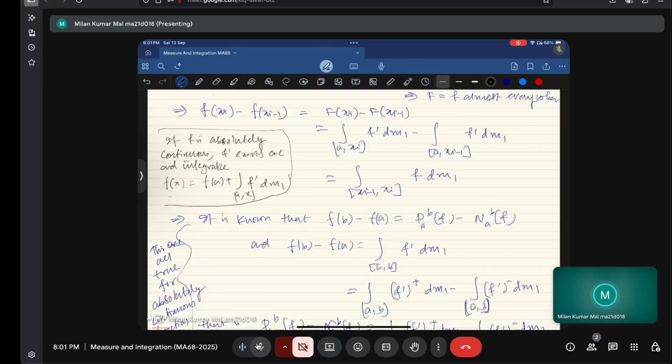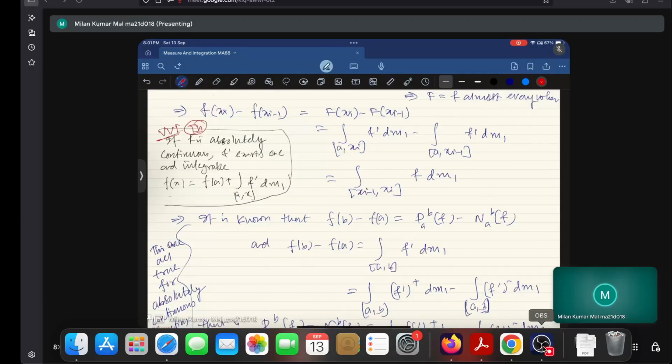So this is a very important thing, and this is what we are crucially using. This theorem is very important. So we are using this fact in all places, and we are trying to prove that.